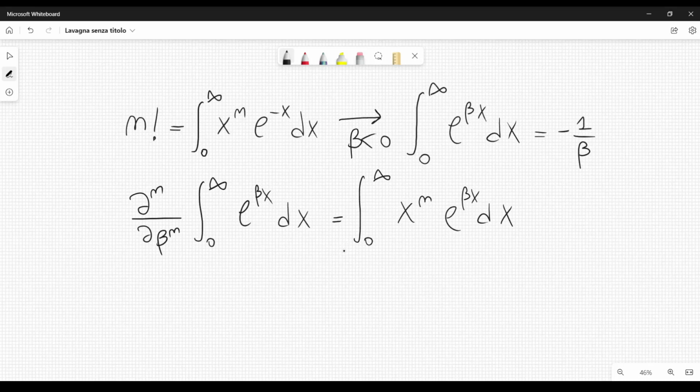Now you should be able to see some similarities between this integral and this integral here, because if we set beta equal to minus 1 inside this integral, then we will get exactly that formula.